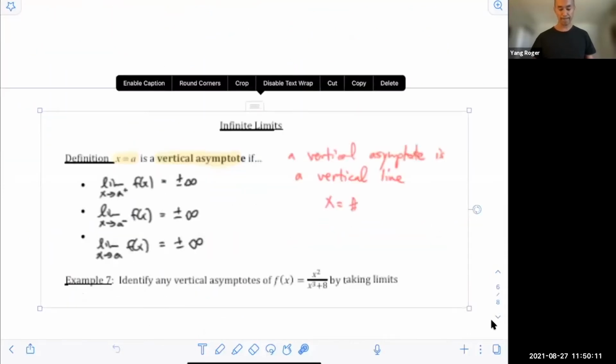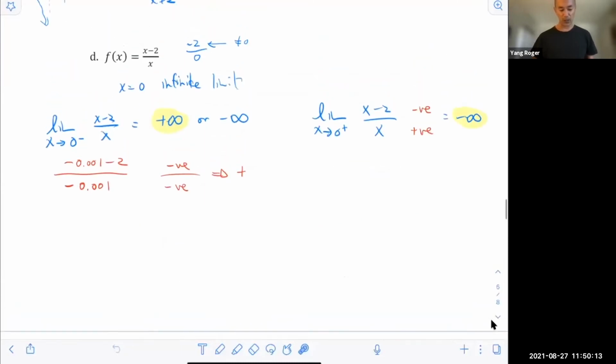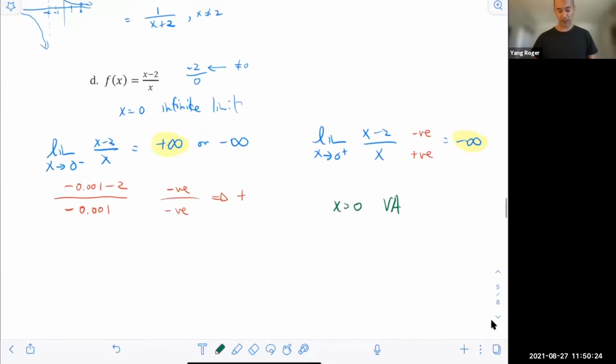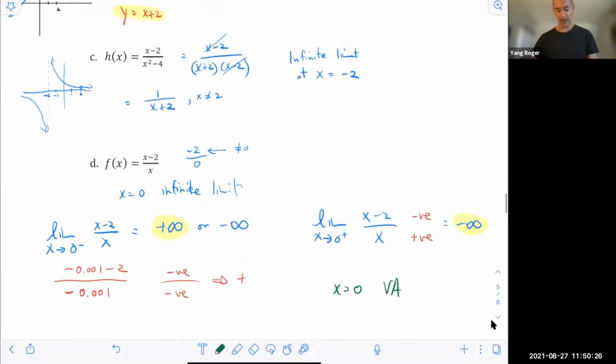Okay. So for example, D, x equal to 0 is a vertical asymptote. When you look at part C, x equal to -2 is a vertical asymptote, right? Because the bottom here can't be 0.